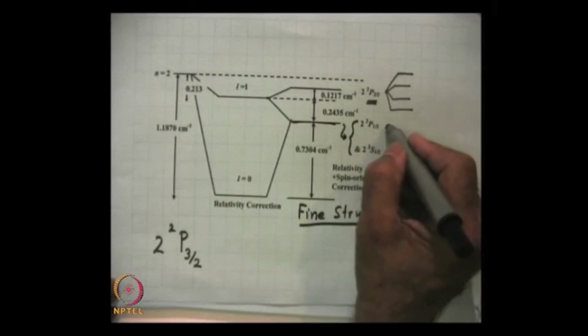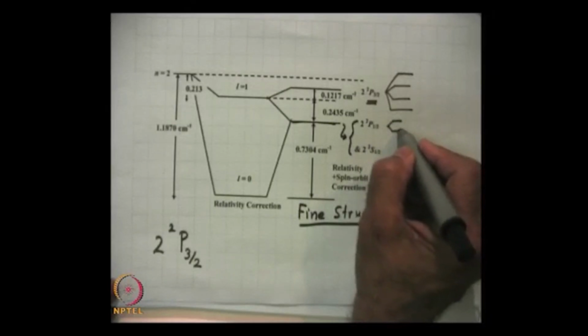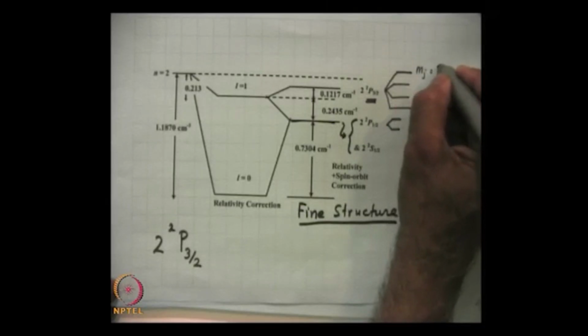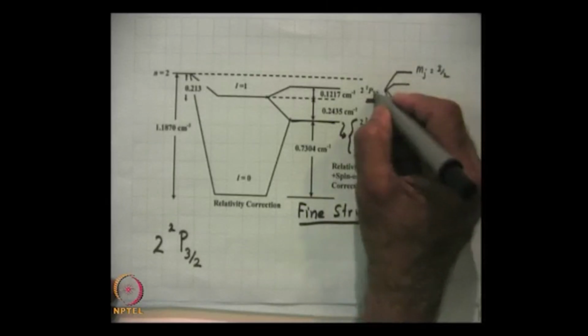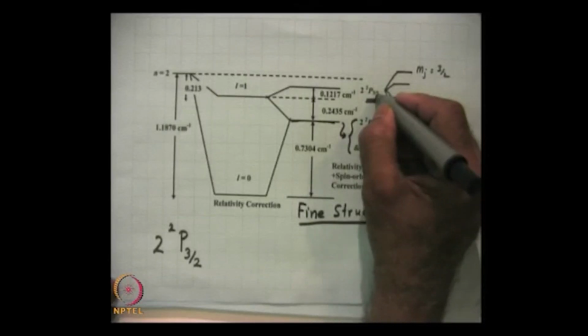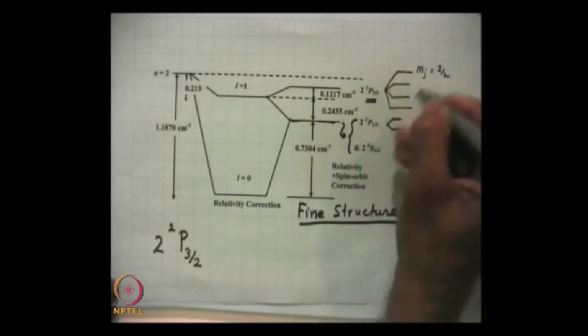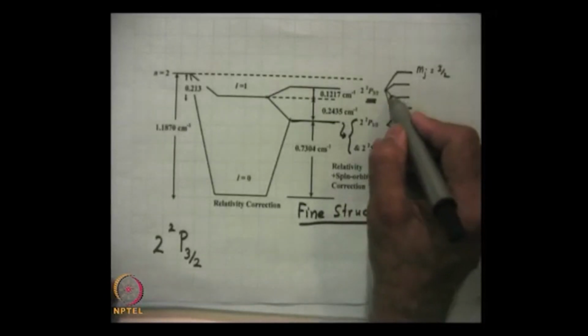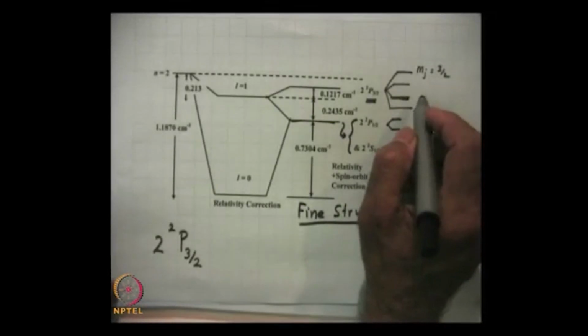And 2 doublet P half will split up into 2 levels. This corresponds to mj equal to 3 by 2, where j is 3 by 2. So, the z component of the total angular momentum vector Jz, the eigenvalues will be 3 by 2, half, minus half and minus 3 by 2. So, this is known as the Zeeman splitting or anomalous Zeeman effect.